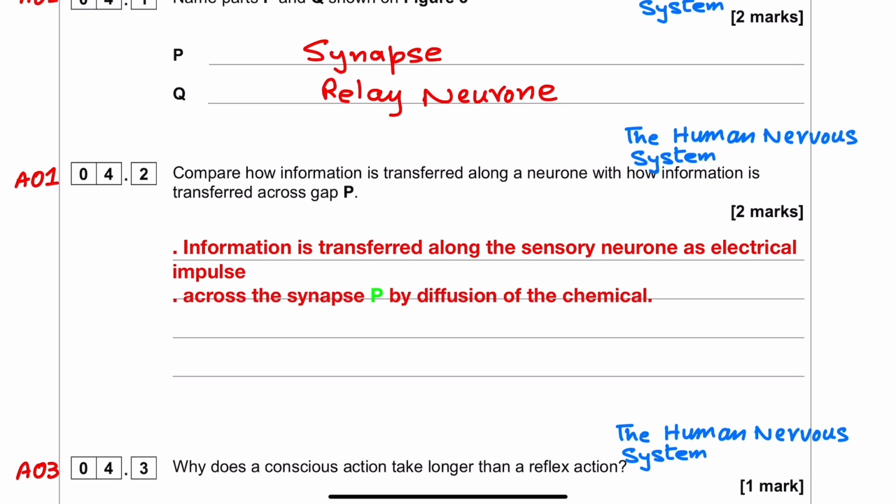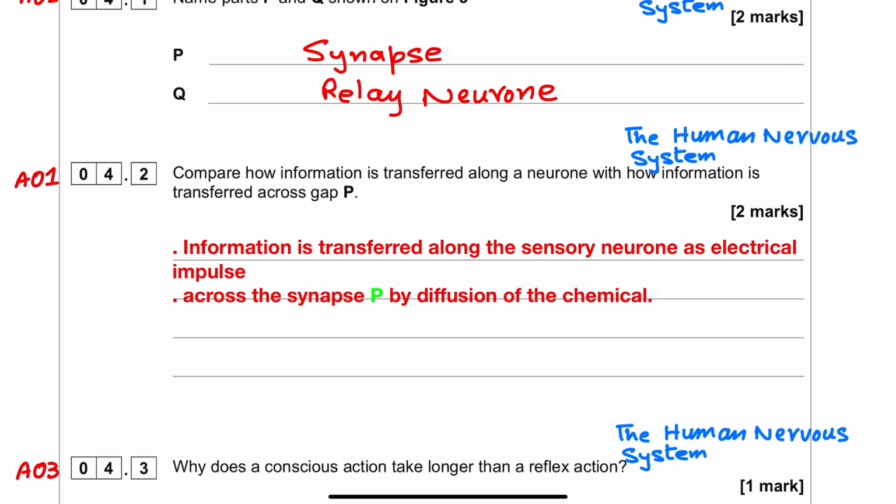Whereas in the reflex action, the action is done by the spinal cord without giving the information to the brain. Therefore, the reflex action is quicker as compared to the conscious actions taken by the brain.